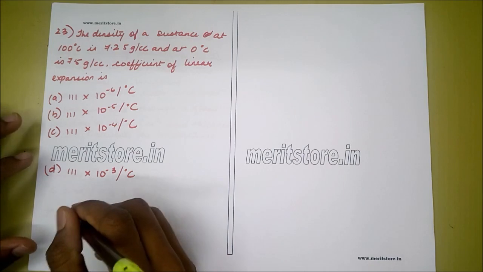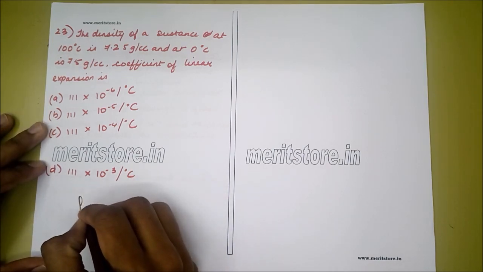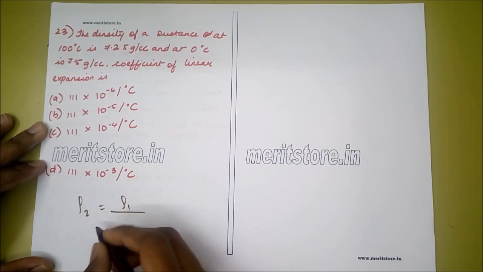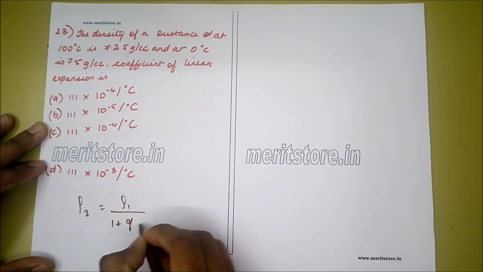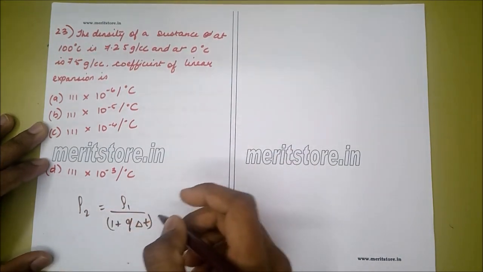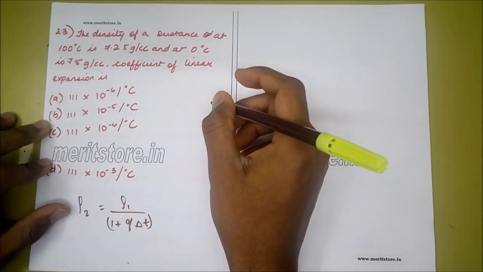As we've seen in a previous formula, ρ2 is equal to ρ1 upon 1 plus gamma times delta T. This equation has already been simplified in a previous formula, so let's use this again.